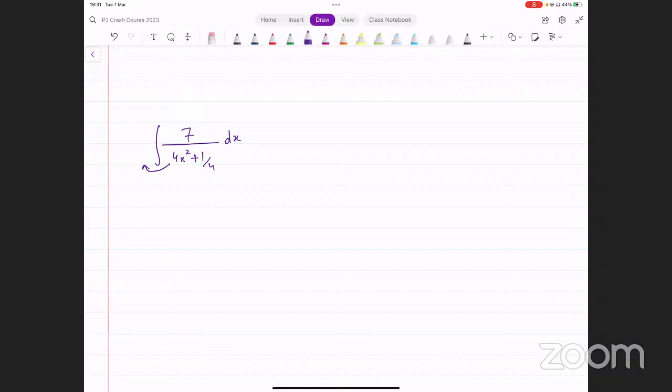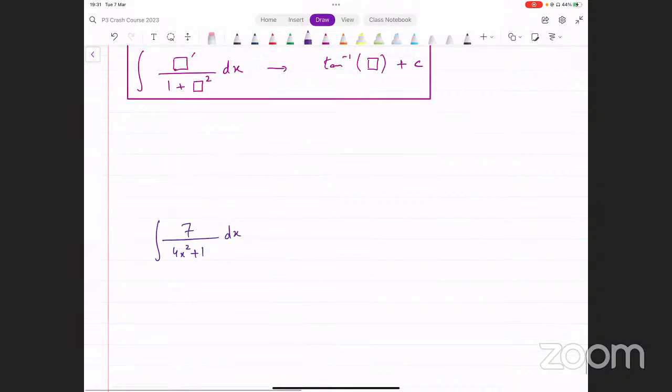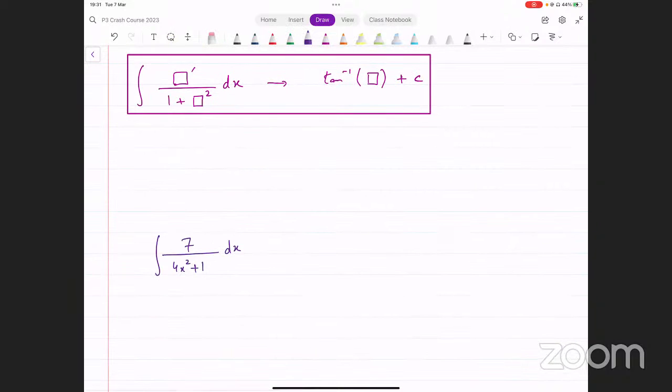But another idea here could be that we could use this rule directly. Why is this going to work directly? Because in this rule, the condition is that one of the terms needs to be 1. And the other term here could be anything.